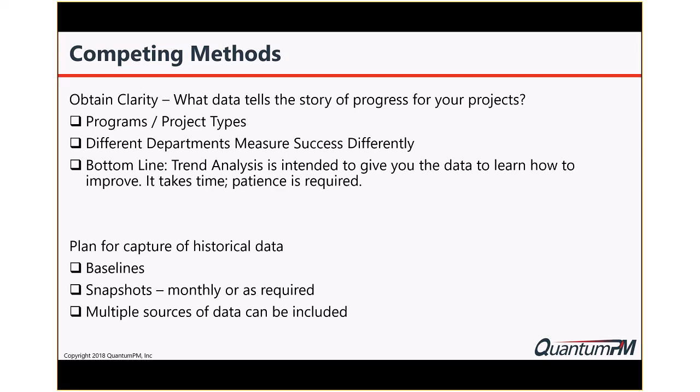Maybe you have one or two projects in a very large program that are slow, but you know that you're going to be able to catch those up when something else is accomplished. So not something that's critical, but something that you need to be able to explain because the data is going to show something behind. You need to be able to manage how you're going to catch that up where it's supposed to be. Also looking at different departments.